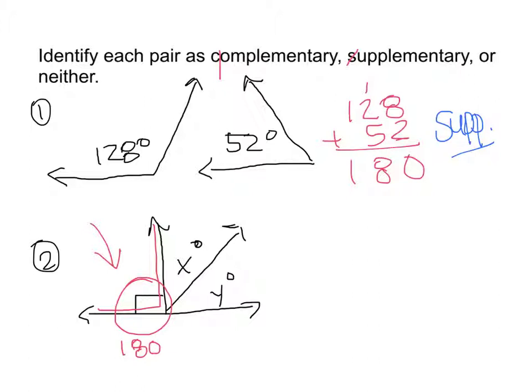So what would the sum of angle X plus angle Y be? They form a 90-degree angle. It doesn't matter if I know the individual angle measures or not. Since this angle is 90 degrees, the sum of these two angles would have to be 90 degrees. So this pair of angles is complementary.